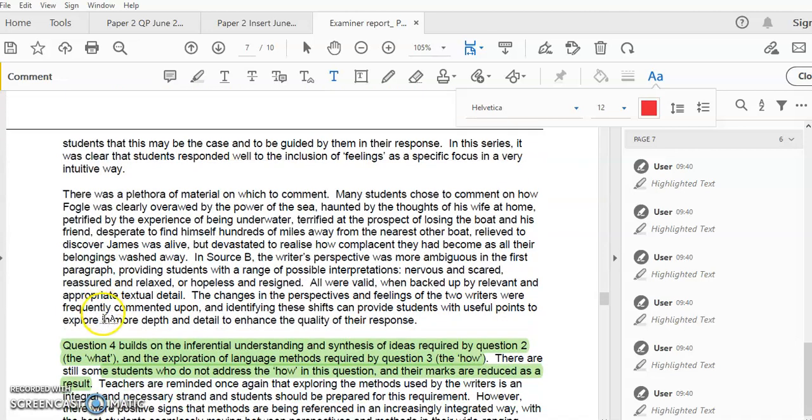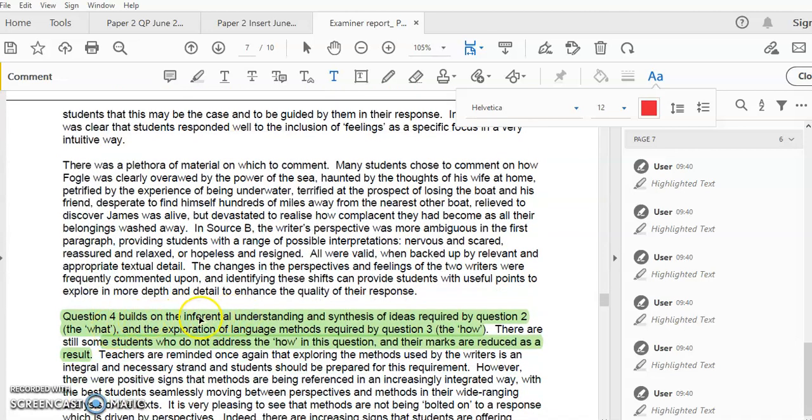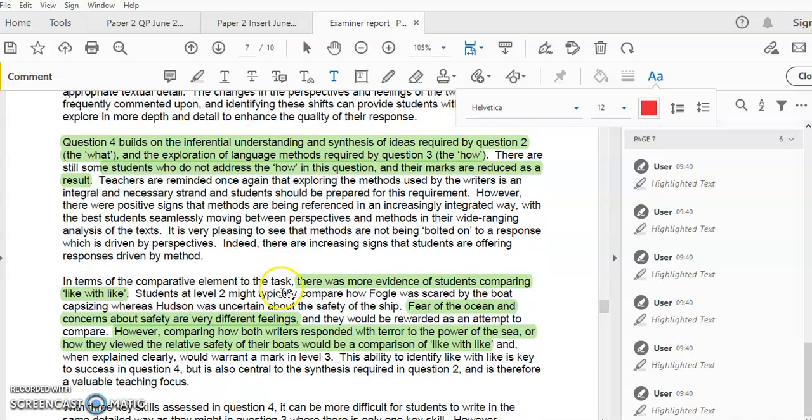So 2 things to bear in mind here, okay? Compare like with like. If we have a look at this example they've given, it wouldn't be enough to say that Fogel in the first extract is scared about his boat capsizing, whereas Hudson is uncertain about the safety of the ship.